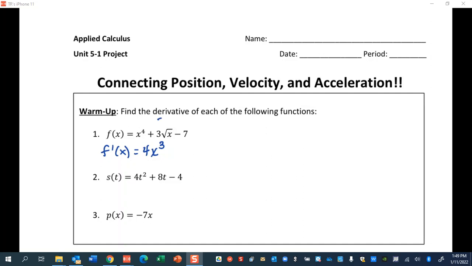If it's easier for you to think of this as 3 times x to the 1/2 power, then I know that I wind up with 3/2 times x to the 1 less power. The derivative of a constant is going to be 0. So I can go ahead and write that as f prime of x is equal to 4x cubed plus 3 is in my numerator, 2 is in my denominator, as is the square root of x.